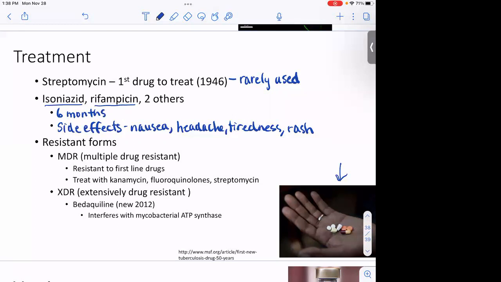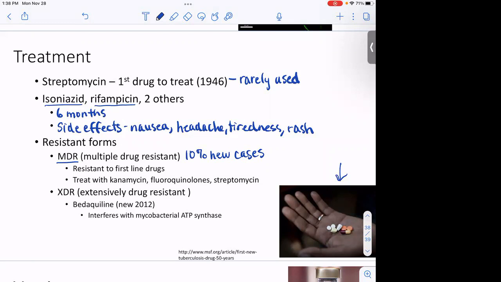The problem is there are many resistant strains showing up. Multiple drug resistant tuberculosis, this is about 10% of new cases, are resistant to those first line drugs, isoniazid and rifampicin.